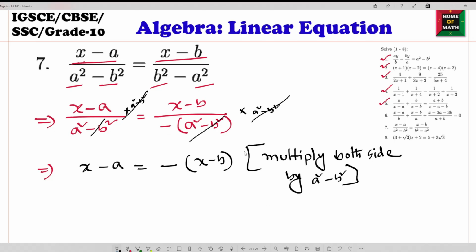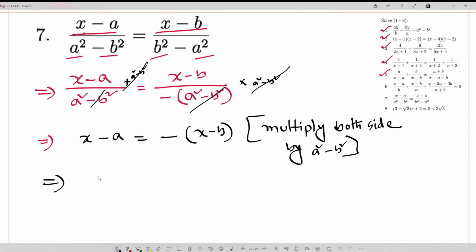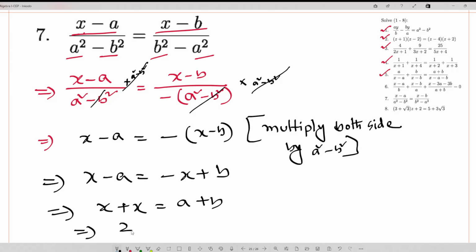So first part complete. Now we can write x minus a equals minus x plus b. So we can transfer minus x from the right side to the left side, so x plus x equals a plus b, with minus a becoming a on the other side and plus b. So this one is 2x equals a plus b.